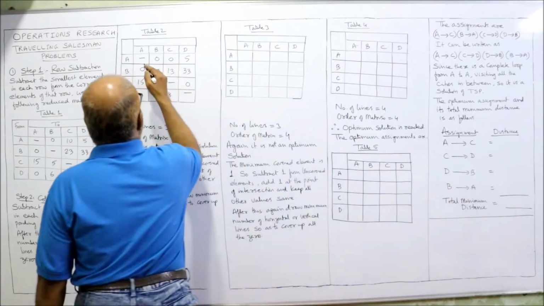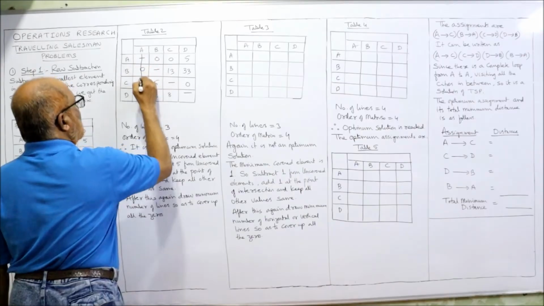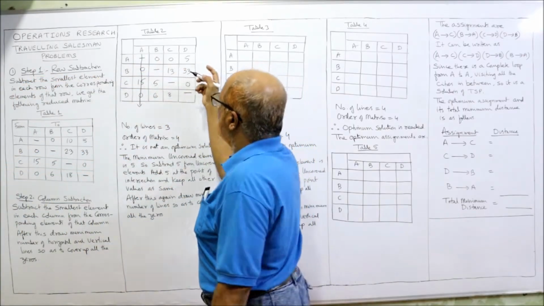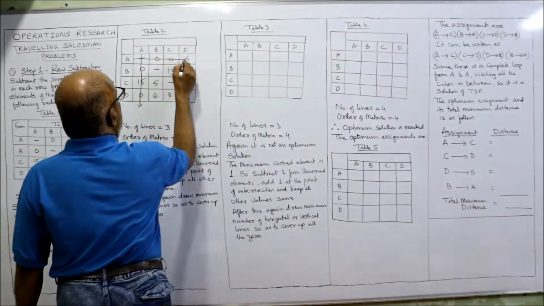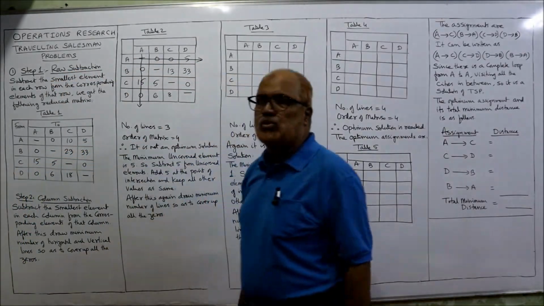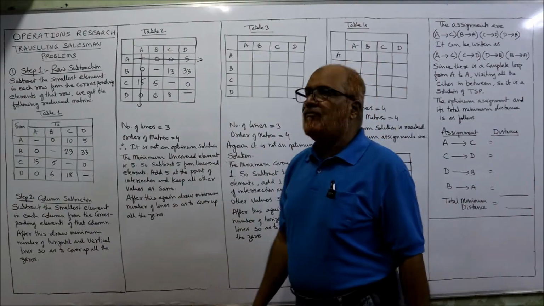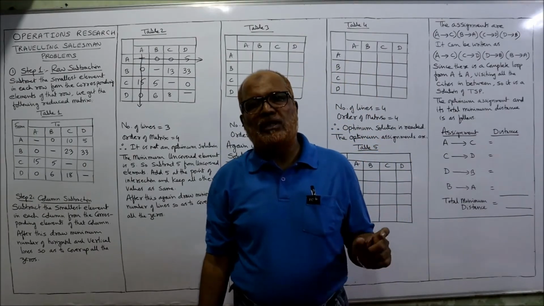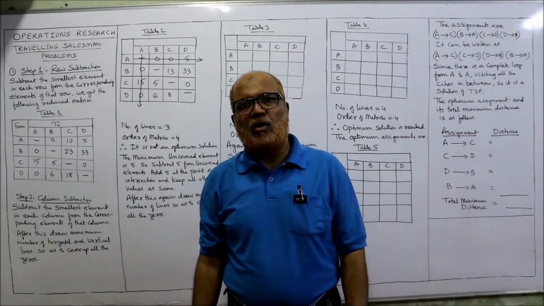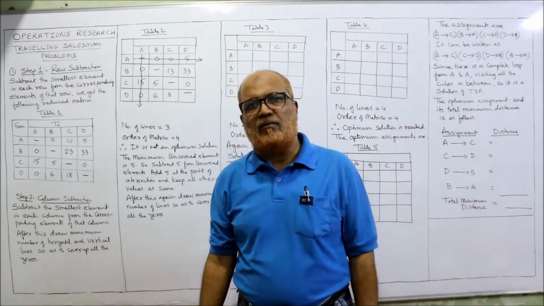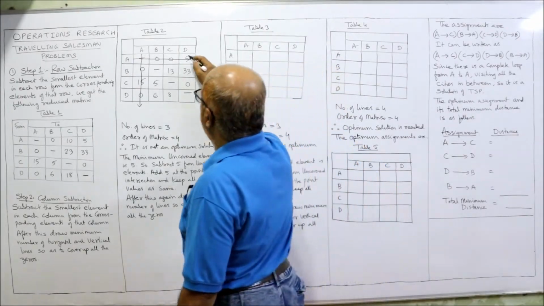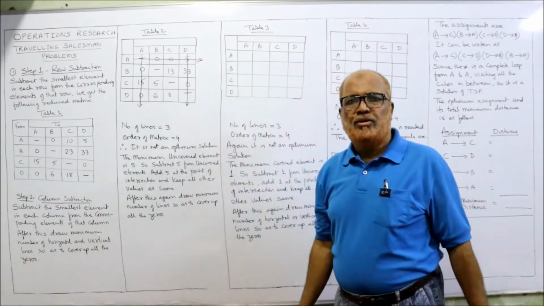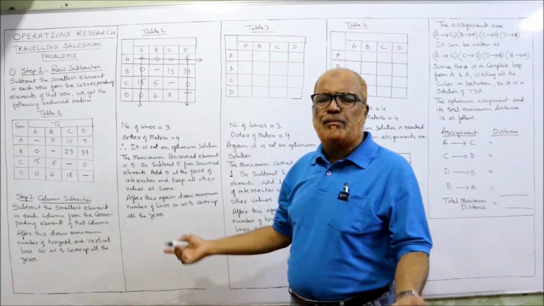This vertical line covers up 2 zeros, and this horizontal line also covers up 2 zeros. Only 1 zero is left. You can cover this 1 zero either vertically or horizontally. I am drawing a vertical line, so it becomes like this. You can draw horizontal also, it doesn't matter.